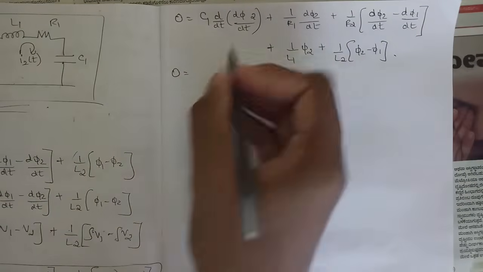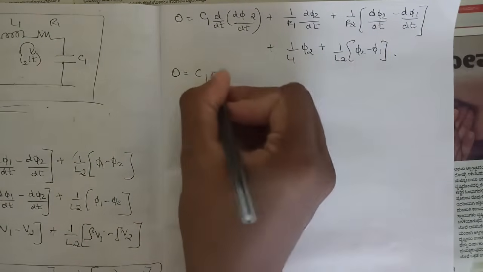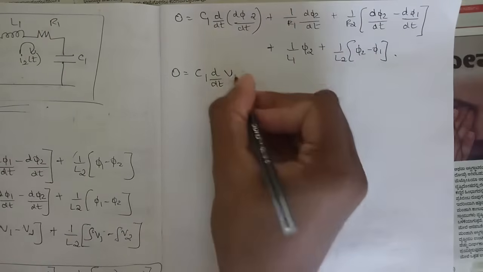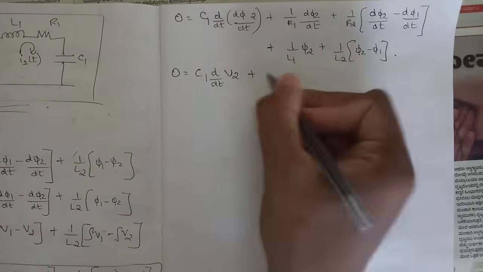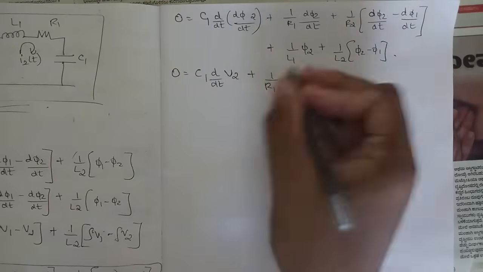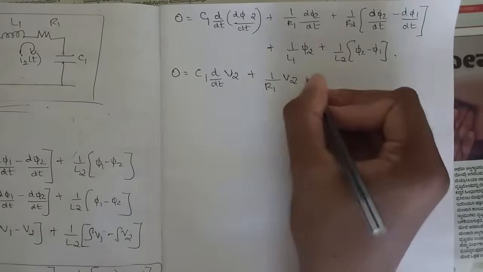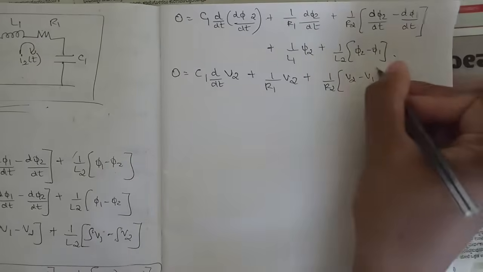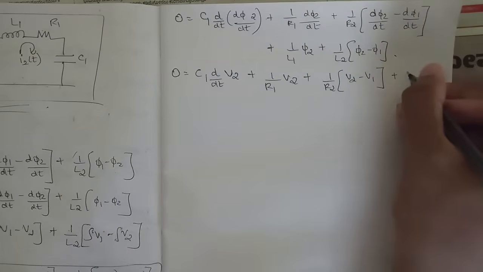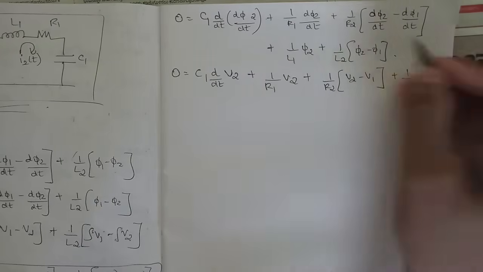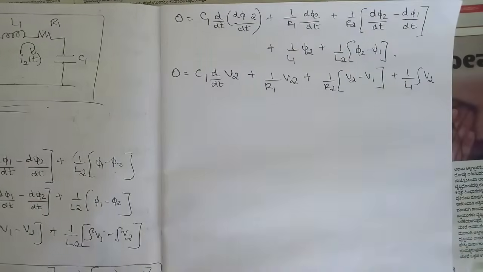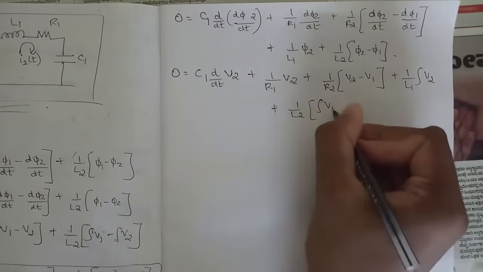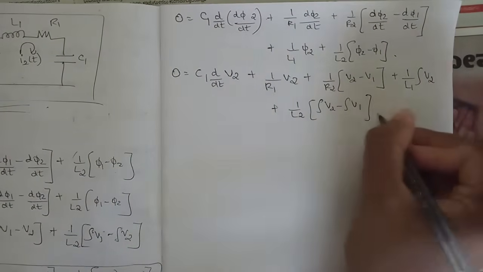So now we know that d phi by dt is equal to V, so C1 d by dt, since we have phi 2 here, it would be V2, plus 1 by R1 into V2, plus 1 by R2 into V2 minus V1, plus 1 by L1 into phi 2, since that is equal to integration of V2, plus 1 by L2 into integration of V2 minus integration of V1.